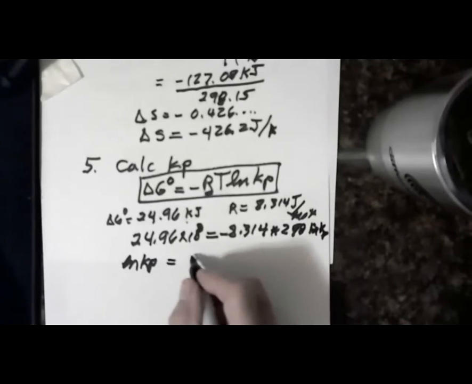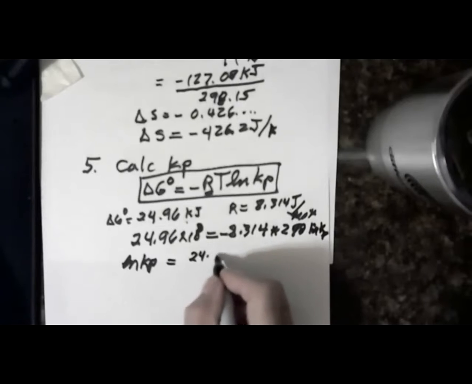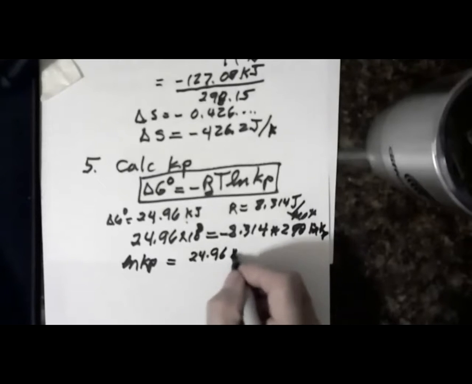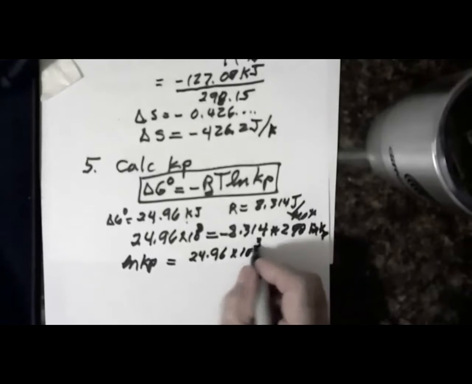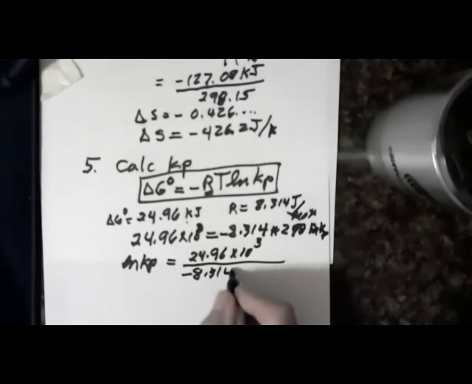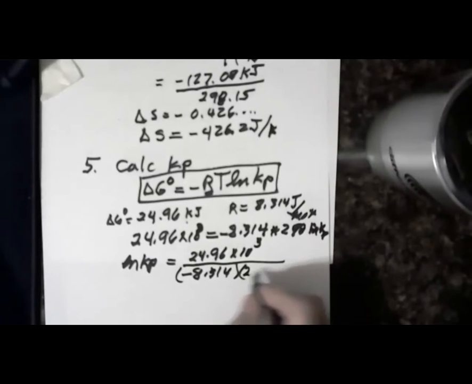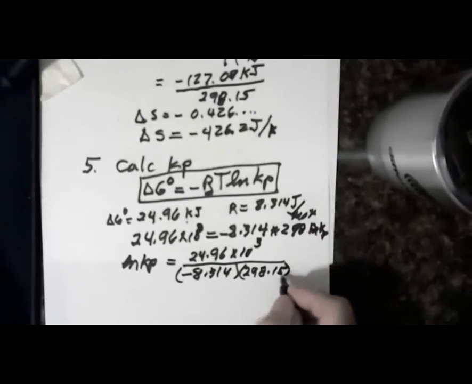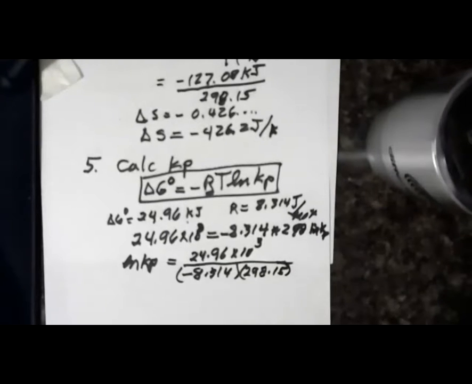So it's going to be 24.96 times 10 to the third divided by minus 8.314 and divided by 298.15. And that'll give me the ln of Kp.